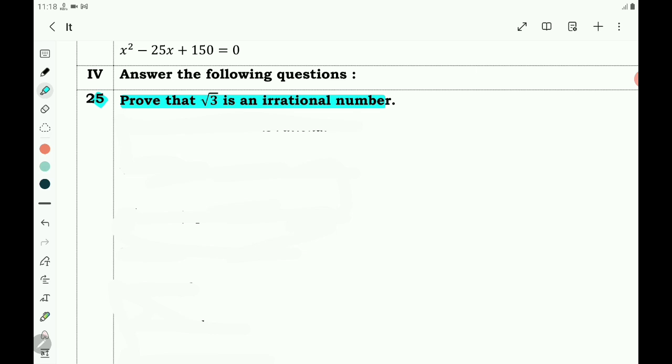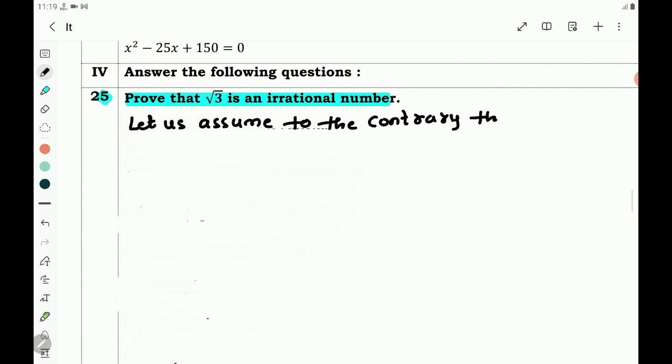Here, how can you solve this? By assuming the contrary, that root 3 is rational.